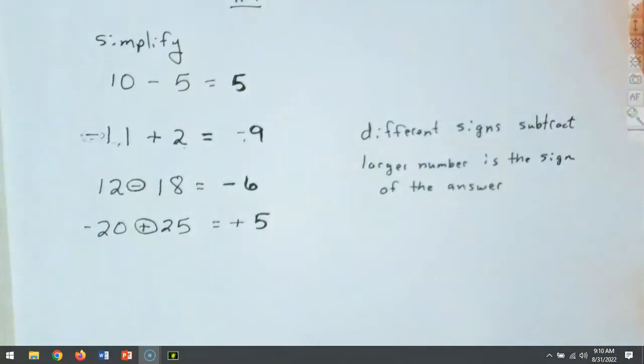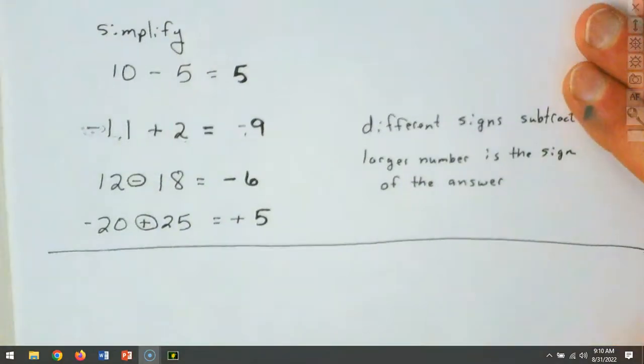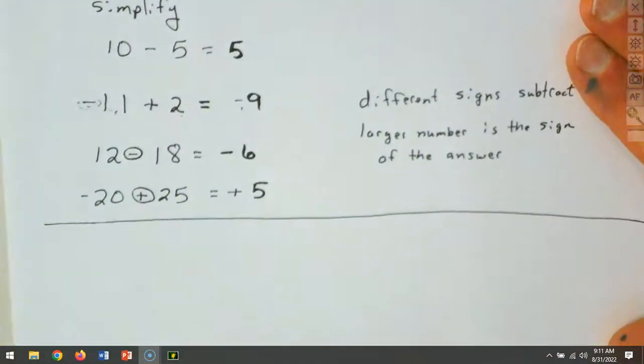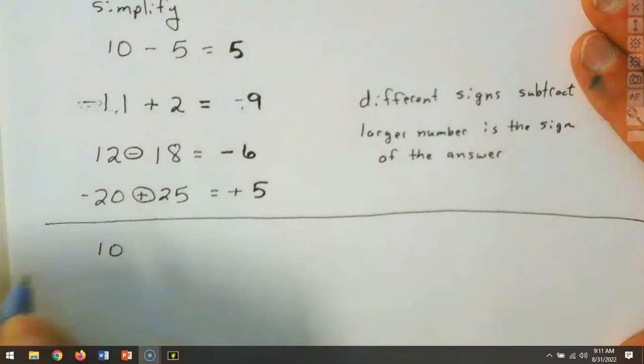Now, what happens if they have the same sign? If they have the same sign, then they add together. Let's look at positive numbers first, just so you understand how these work.